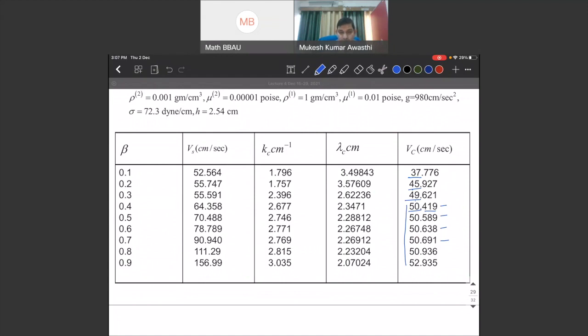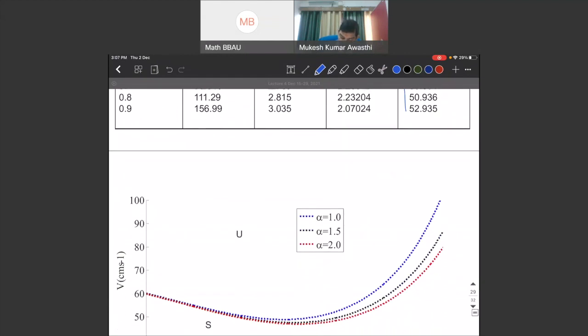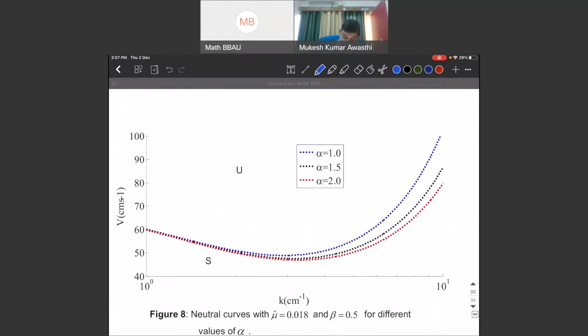Now, the effect of heat and mass transfer on the stability has also been shown, and we can see that as alpha increases, this is for 1, this is for 1.5, this is for 2, the stable region decreases.